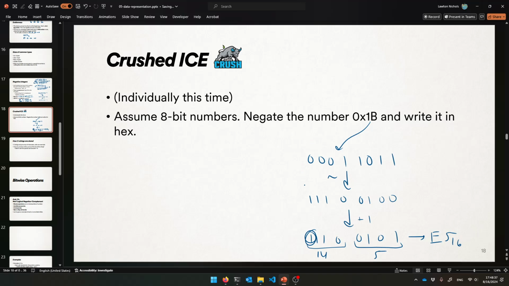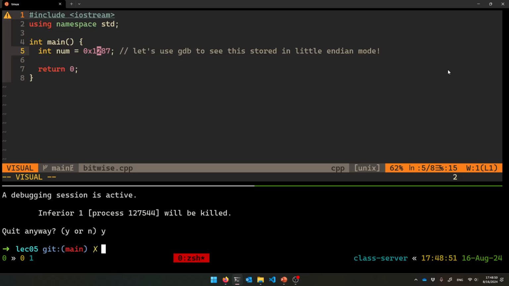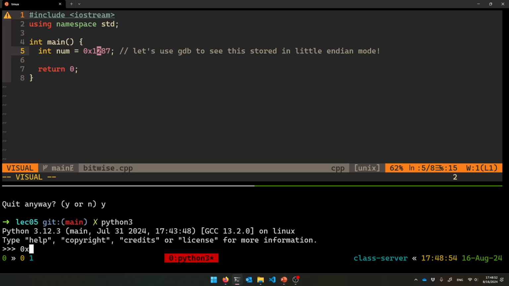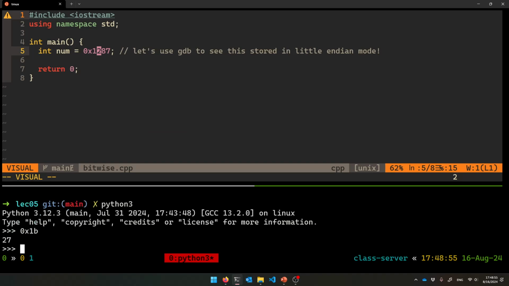We're interpreting it as a negative number. It's not whatever E5 is when you do the expansion. It is meant to be interpreted as a negative number, okay? And so it's negative this, whatever that was, negative 27. All right.